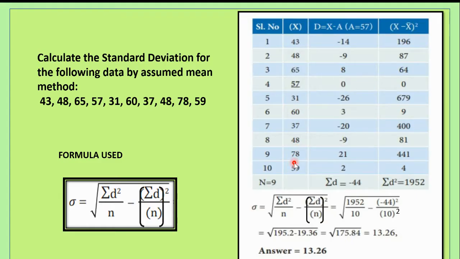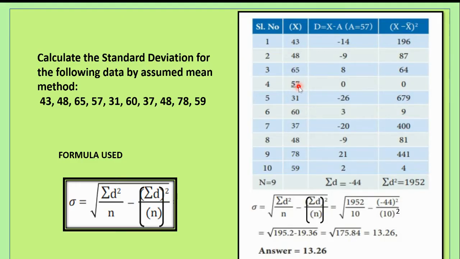Whichever you want, you can take that number as your assumed mean. But that number has to be here. You cannot take a number which is not given in the list of values. So I've assumed A to be 57. This is your textbook problem, example 2 under standard deviation.